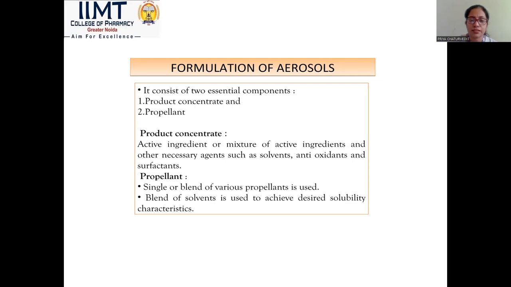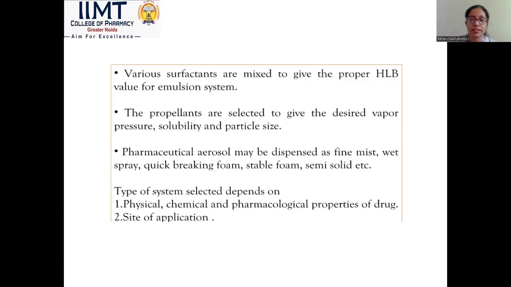What are the propellants? They are a single propellant or a blend of various propellants. A blend of solvents is also used to achieve the desired solubility characteristics. The surfactants are mixed to give the proper HLB value for the emulsion system. The propellants are selected to give the desired vapor pressure, solubility, and particle size.